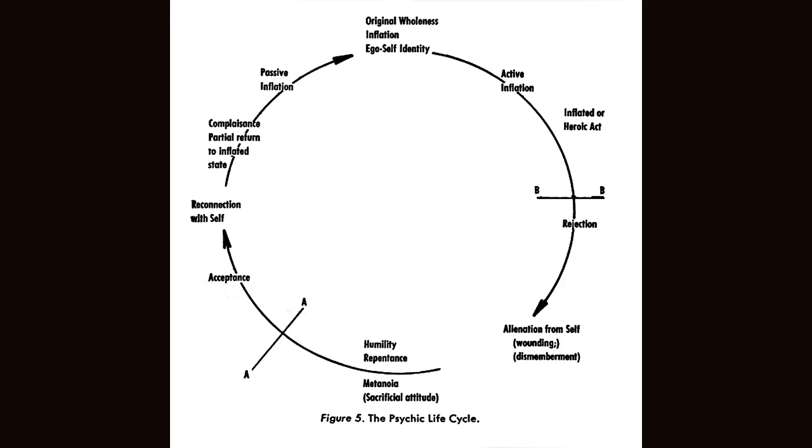If you're familiar with the Diagnostic and Statistical Manual, that identification is parallel to the anxiety disorders or the manic disorders. Whereas when we're on the bottom side and we feel alienated from those archetypal energies, we have no access to the energies, this is the depressive pole.